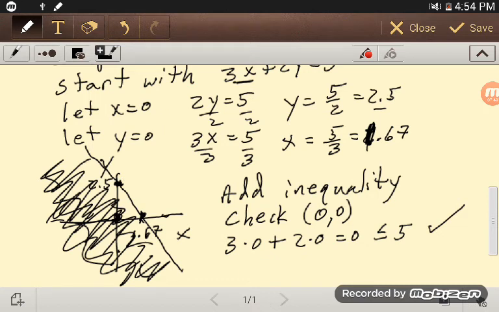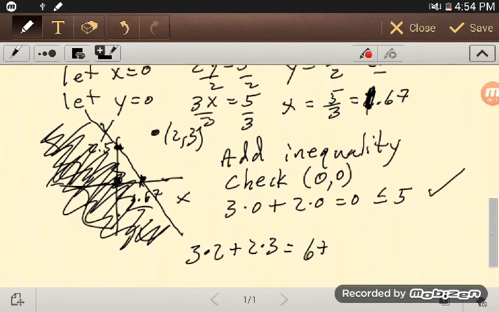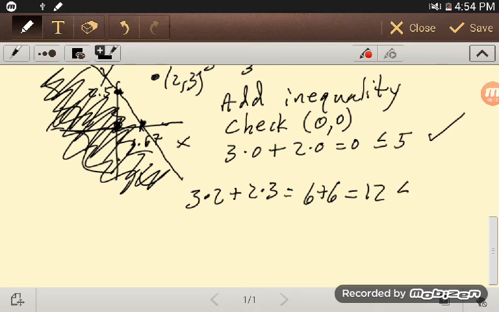If I come out here and pick something like that, about the point 2, 3, notice that if I try that point, I have 3 times 2 plus 2 times 3, that's equal to 6 plus 6, and so I get 12, but that is not, okay, so I'll put a big X over that.